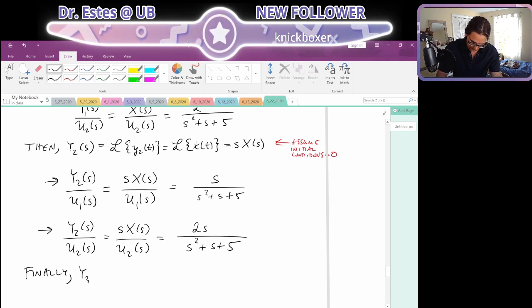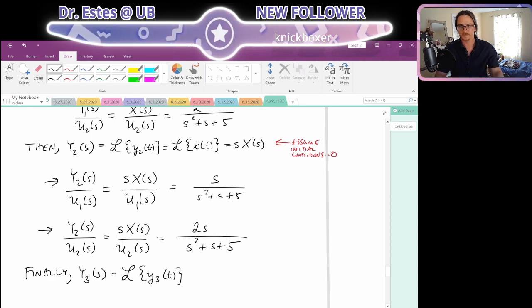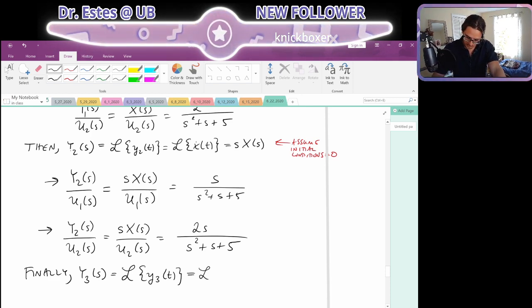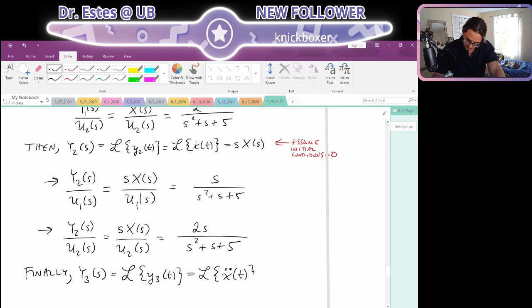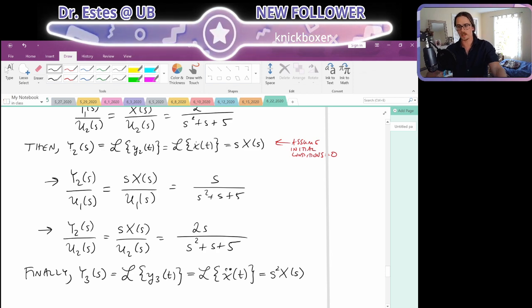Finally, y3 of s is the Laplace transform of y3 of t. And I think that was just x double dot of t. Yep. And if we assume the initial conditions are 0, that's s squared times x of s.